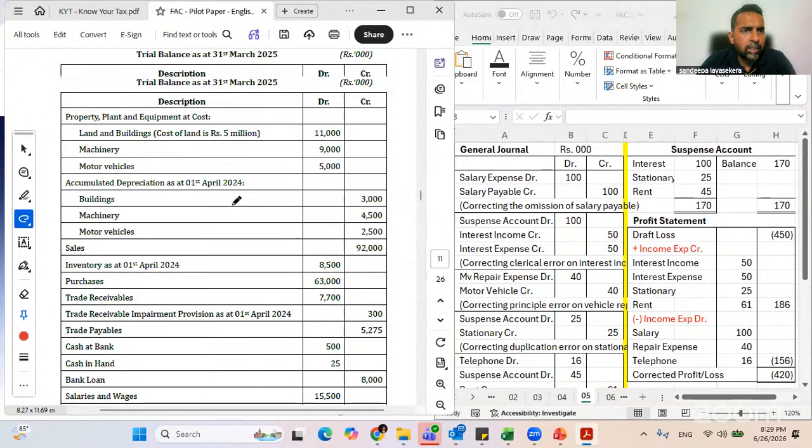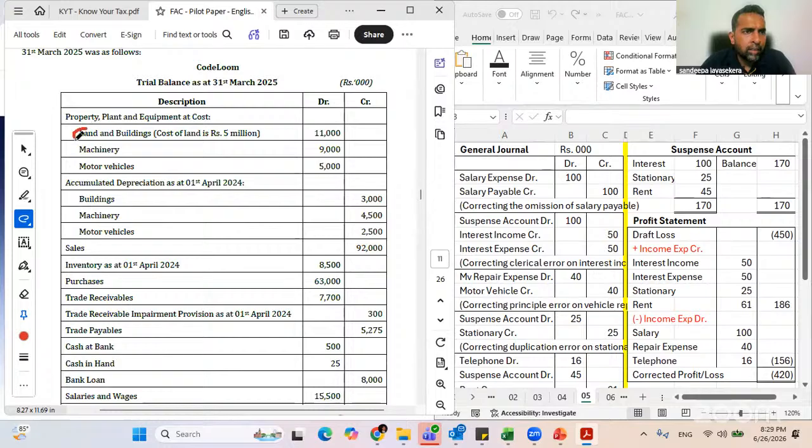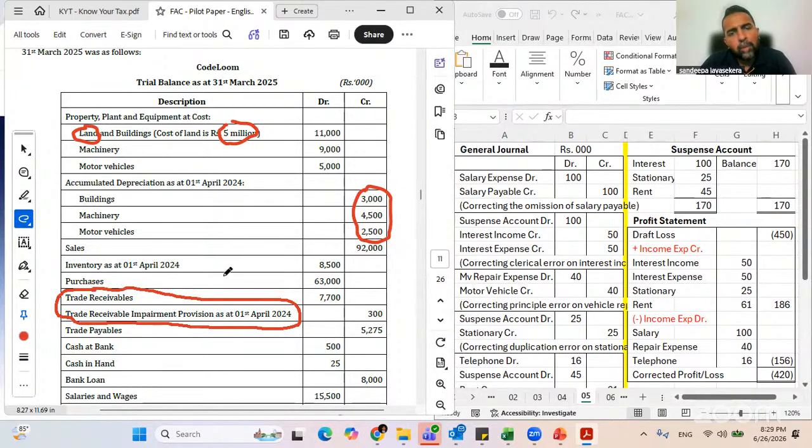We look at, there's a land component which is 5 million. You've got your accumulated depreciation like this. You've got the trade receivable and a doubtful debt provision or the impairment provision. Data impairment means doubtful debt.